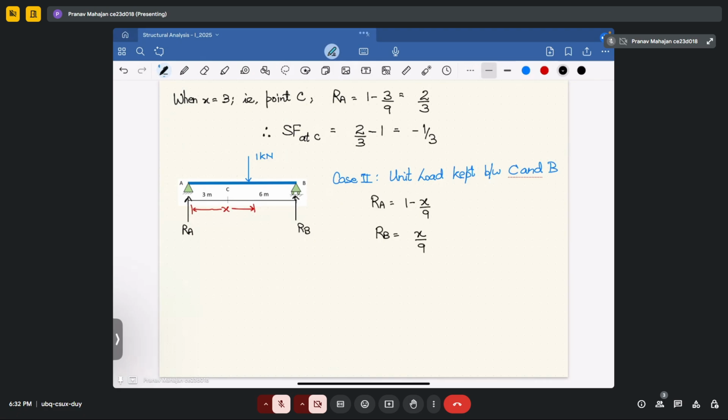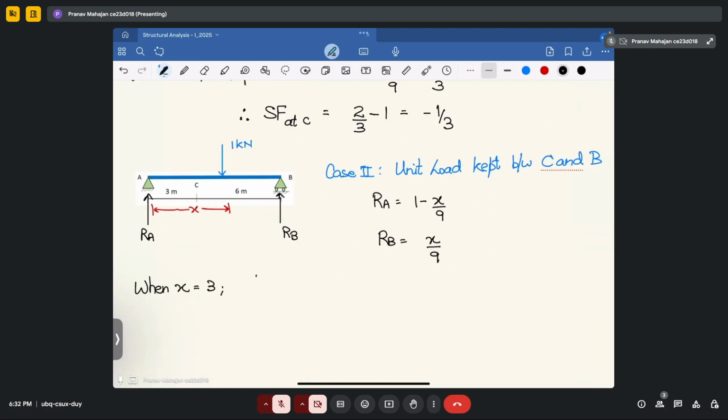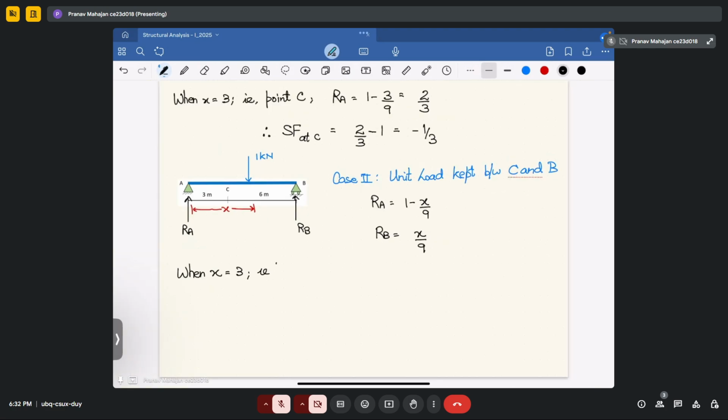Now when H is equal to 3, that is point C, because we are taking H to be from point A. So again, in this case, what will be the reaction? RA will become 1 minus 3 by 9 equal to 2 by 3.